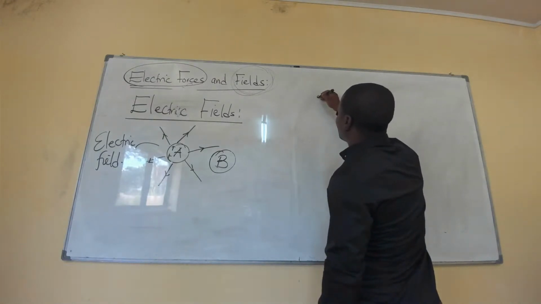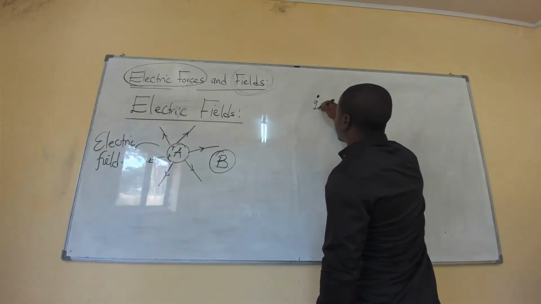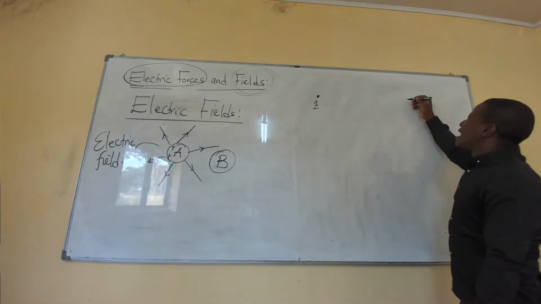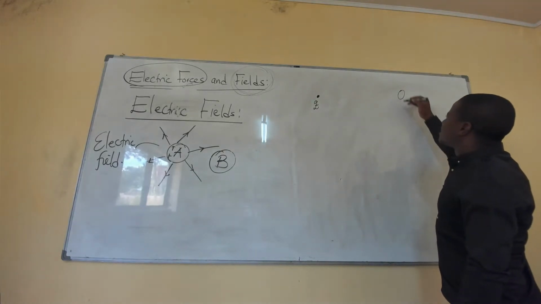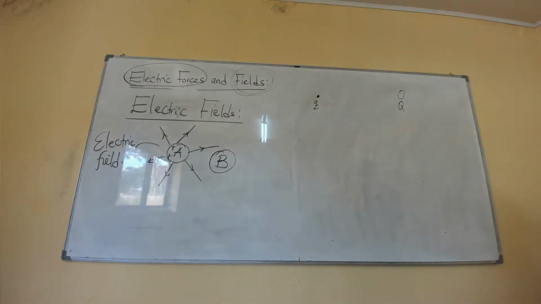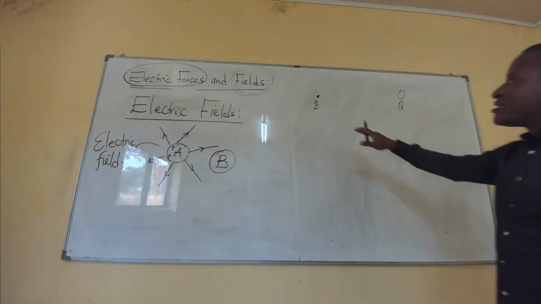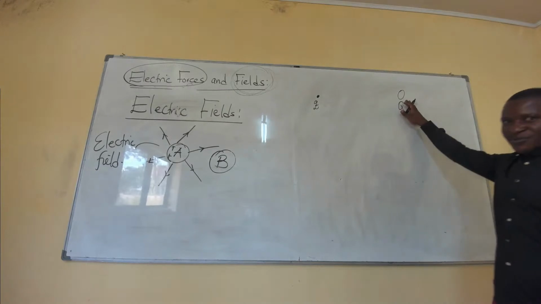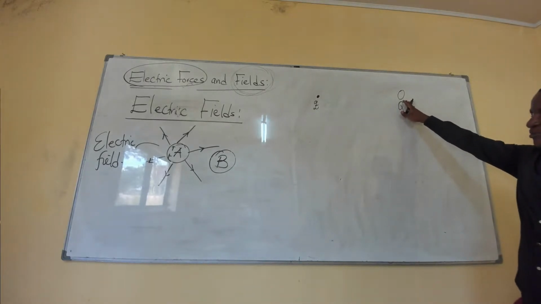If you have a small charge, for example, q, then you have another charge here, which is a little bit bigger. We'll put it as capital Q. That means this is producing some electric field as well as that producing some electric field.